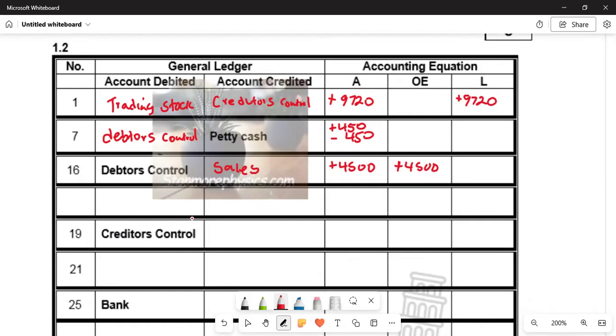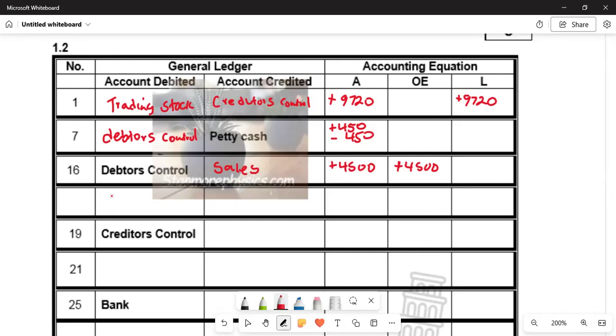So that is that. But we do have cost of sales. We cannot sell the goods and then not know how much it cost us to sell those goods. So we need to know the cost of sales.